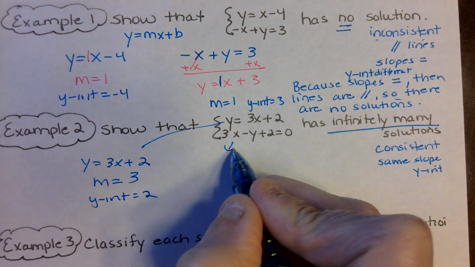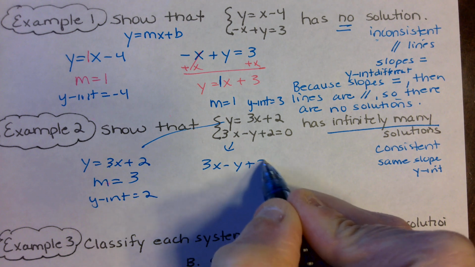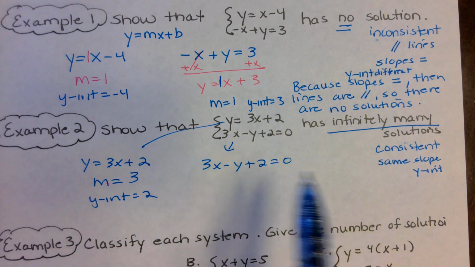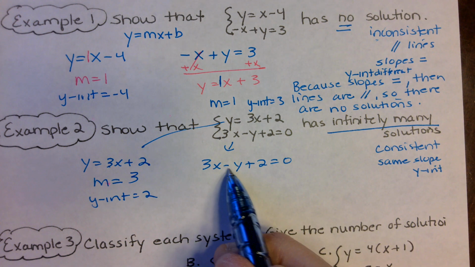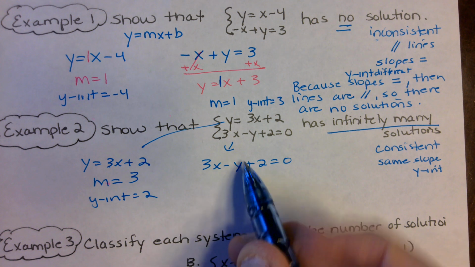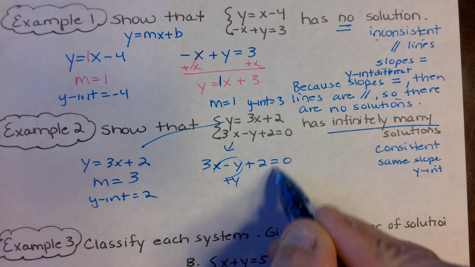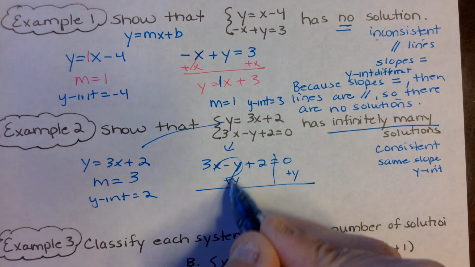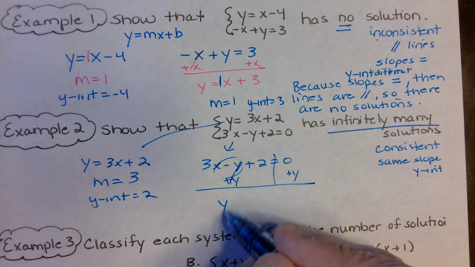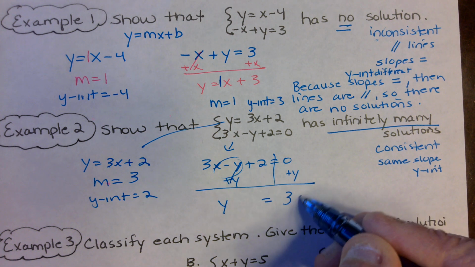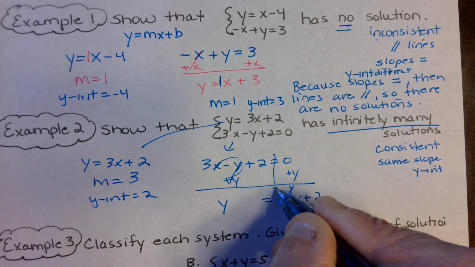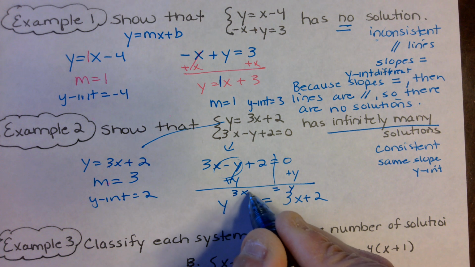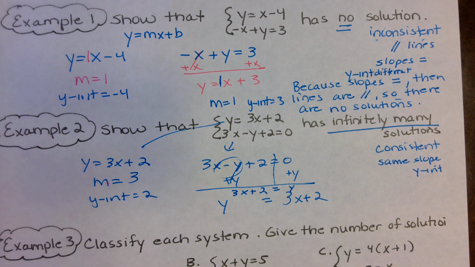All right, let's take a look at this one. 3x minus y plus 2 equals 0. Again, we got to solve for y. And in this case, I see that the y is a negative. So instead of moving these two over here, I'm just going to move the y over. So I'm going to add y to both sides. And then I'm going to put it over here. So y equals 3x plus 2. I think you guys hopefully followed me. If not, I'll rewrite it here. 3x plus 2. And then I just switch sides.